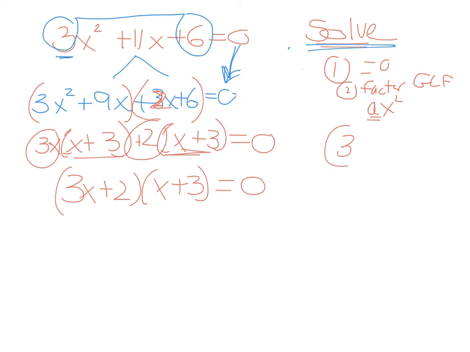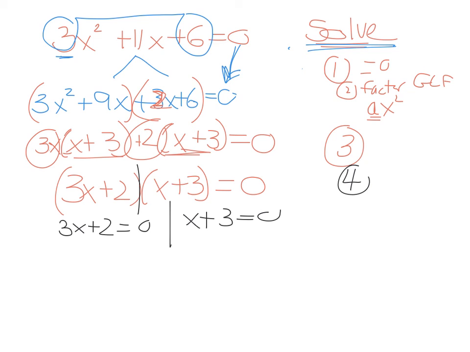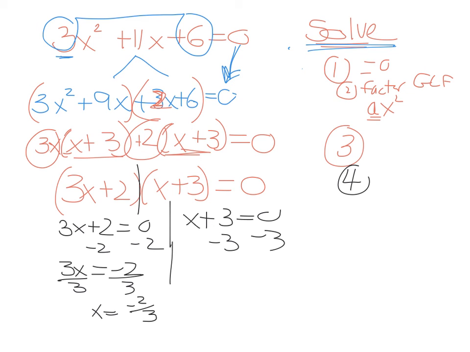Now that was all factoring, and I'm up to step 3 where I separate into two different equations. 3x plus 2 equals 0, x plus 3 equals 0. Solve each equation. 3x equals negative 2, x equals negative 2/3, minus 3, x equals negative 3, and you'll go all the way to putting the answer in braces, negative 2/3 and negative 3.